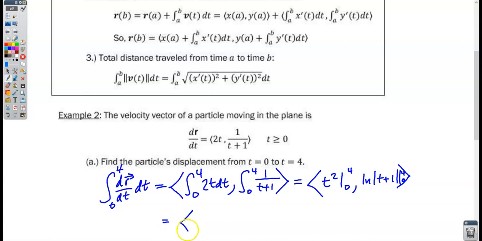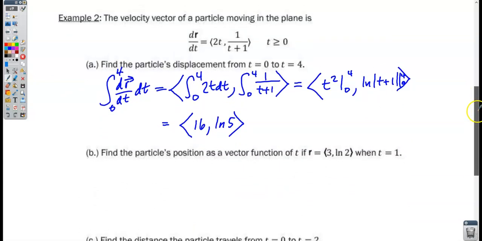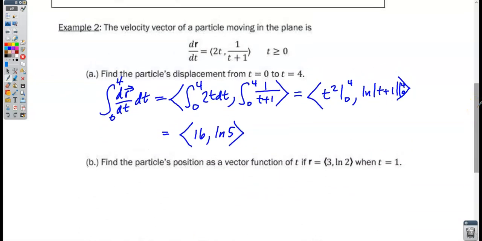All right, and so this integral ends up being 16, and this one ends up being natural log of 5 minus natural log of 1. Natural log of 1 is 0, so the component ends up just being natural log of 5. There's the particle's displacement. It's that vector. It moved 16 units in the x direction in the plane and natural log of 5 units in the y direction in the plane.